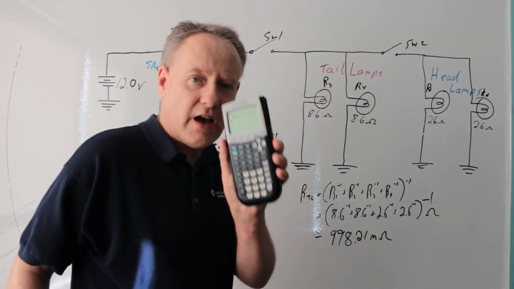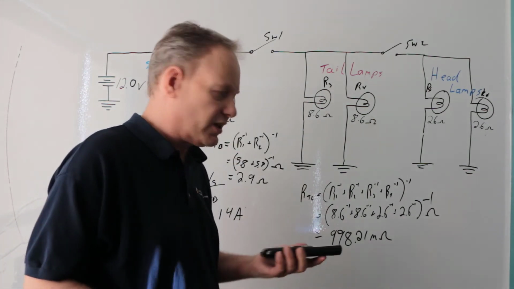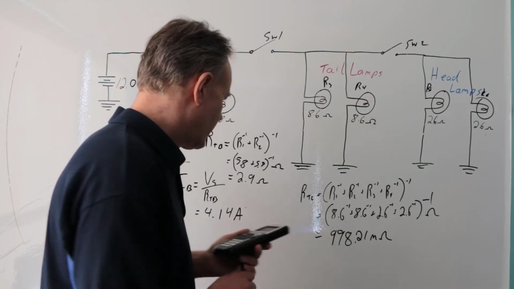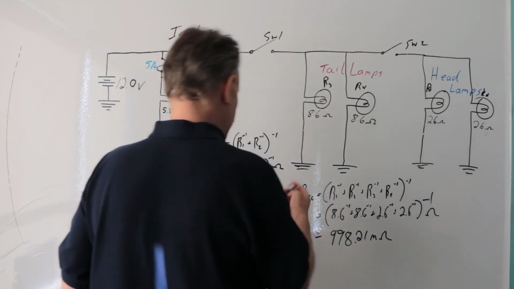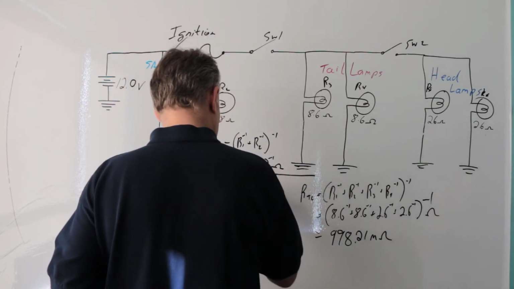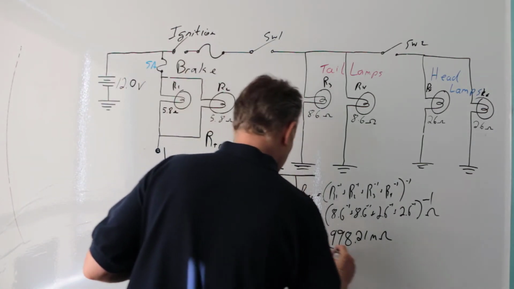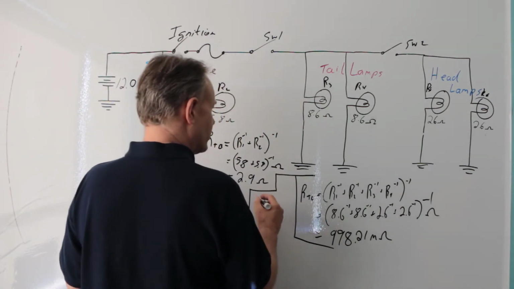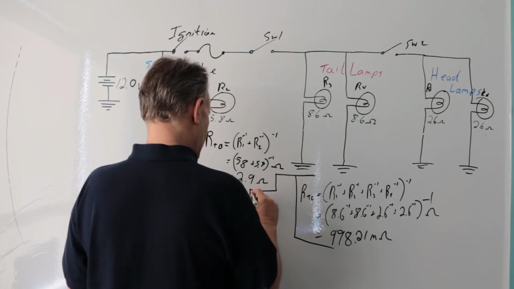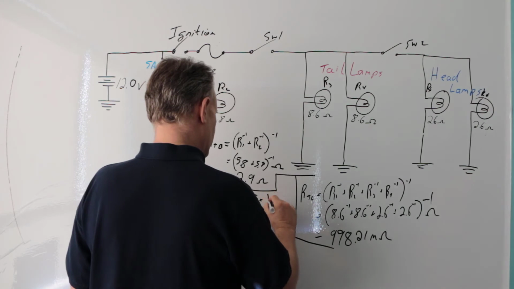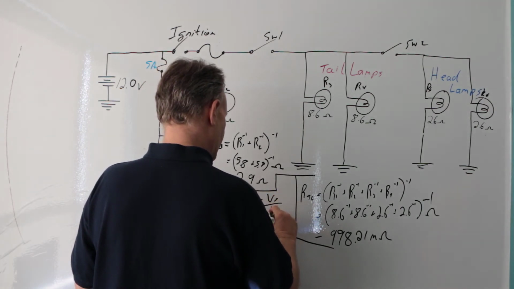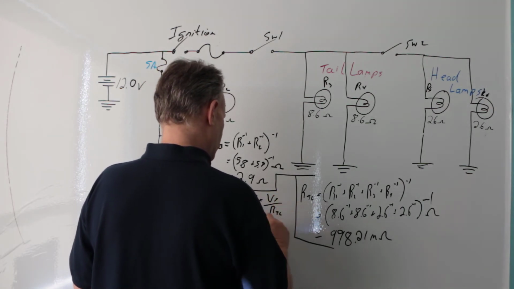I'm keeping this value in my calculator because I know I'm just about to use it next, right? Here we go. So what I want to do is I'm just going to split this up a little bit here, because it's getting a little messy. I'm going to say my I for my lamps is going to equal the voltage source divided by the resistance total of the lamps.